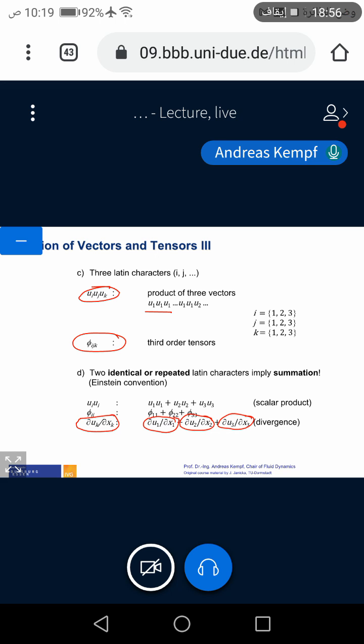So if you think about this in classical notation, this would be del u del x plus del v del y plus del w del z. And that is nothing else than the divergence. So this would correspond to nabla dot velocity vector u.